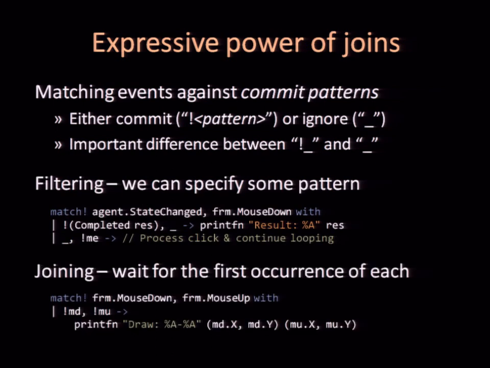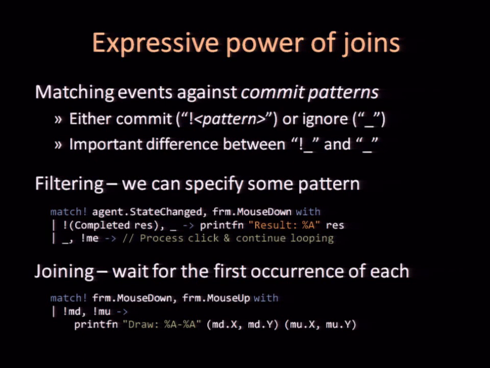I'll just quickly go through this, but you can, for example, wait only for events that match some pattern. So you would throw away all other occurrences of the event. If you had some state changed event, then you could perhaps wait only for the occurrences where the state is completed. Or, the more interesting thing, you can wait for 2 events to occur.